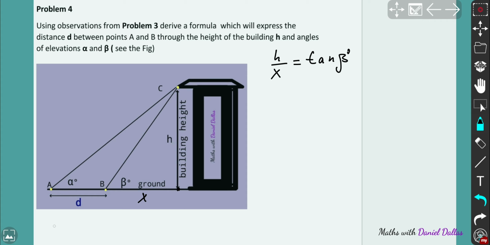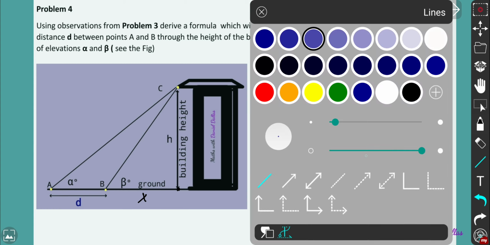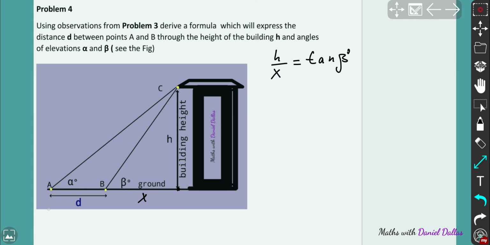Okay, well done. The next one, if we consider D and X together, so the whole distance from point A to the base is going to be D plus X, right? Yeah, so this is D plus X, the distance. So one more time, D plus X. And from the big triangle, we also can connect H through the angle alpha using the tangent rule.